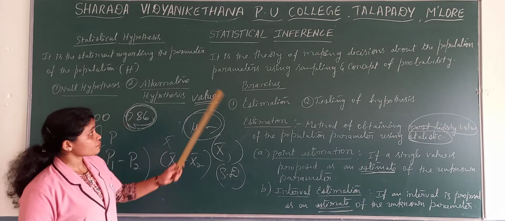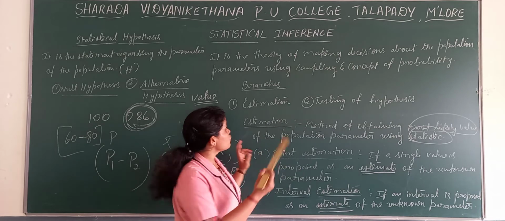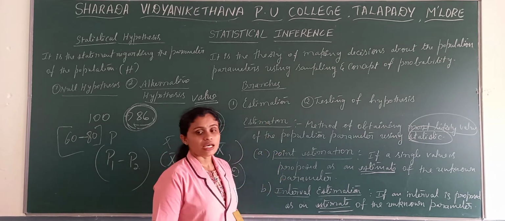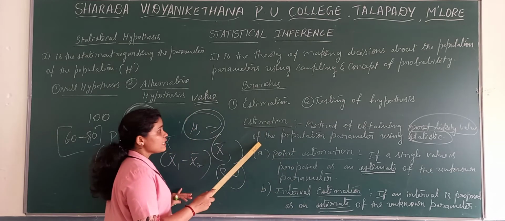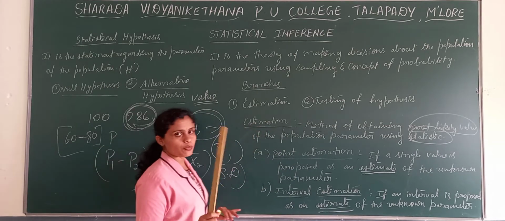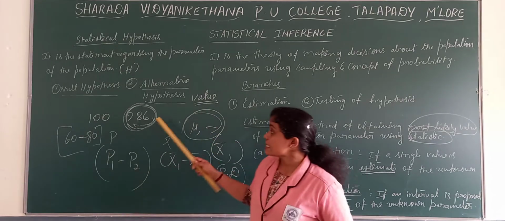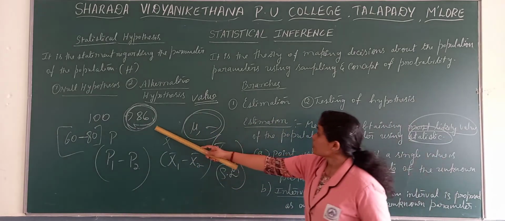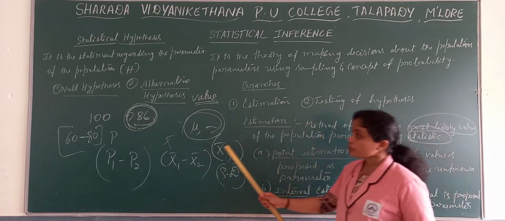So statistical inference has two branches: the first is estimation, then comes testing of hypothesis. In the case of estimation, if we propose a single value as an estimate, we call it point estimation.